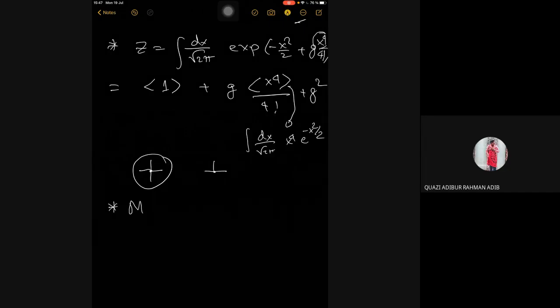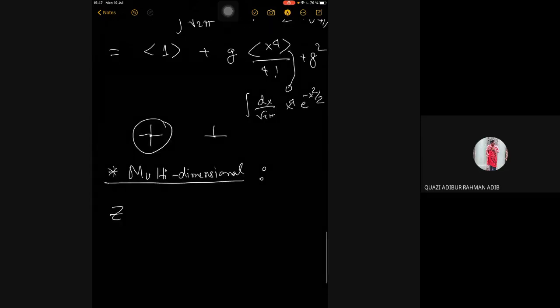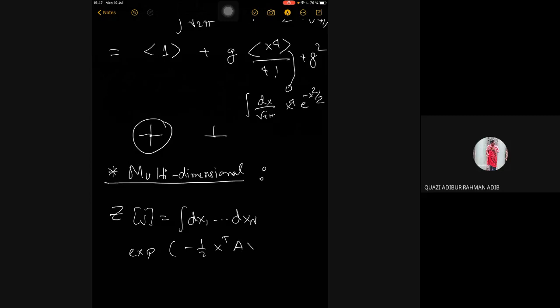So for the multidimensional case, my Gaussian integral, or my integral with source term, looked something like this. That's what we started last class. x transpose A x plus J transpose x.